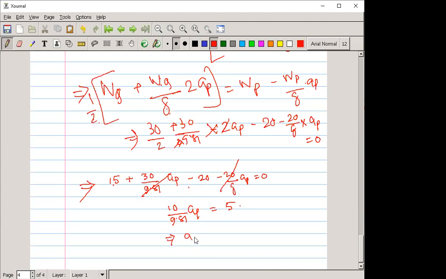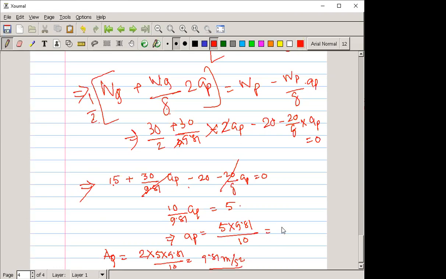So we will get AP is equal to 5 into 9.81 divided by 10, which is, how much is it? AQ is equal to 2 into 5 into 9.81 by 10 is equal to 9.81 meter per second square.